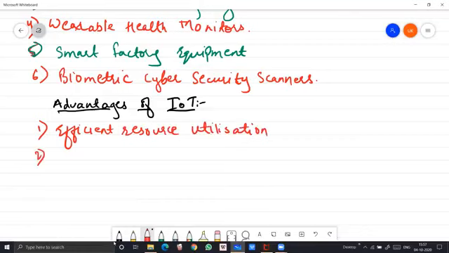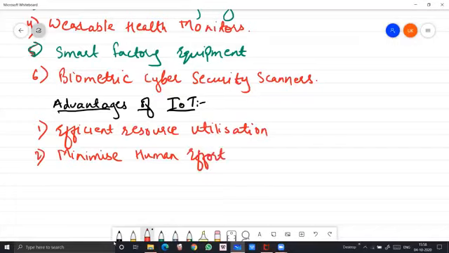Then the second one is minimized human effort. Why, students, minimized human effort? Because everything is connected. The manpower has been replaced by technology, so there is less human intervention or no human intervention in many of the technologies. Then it is time saving. Then it has enhanced data collection.